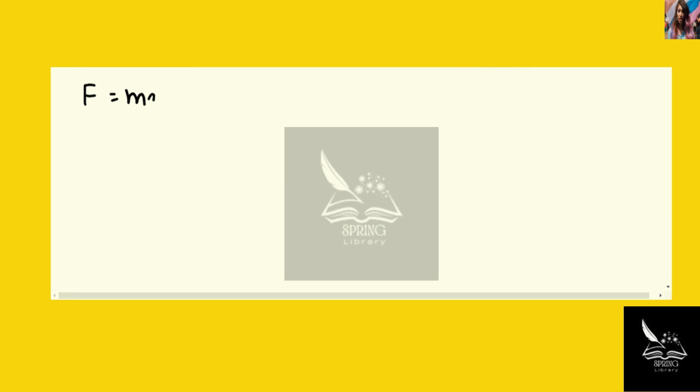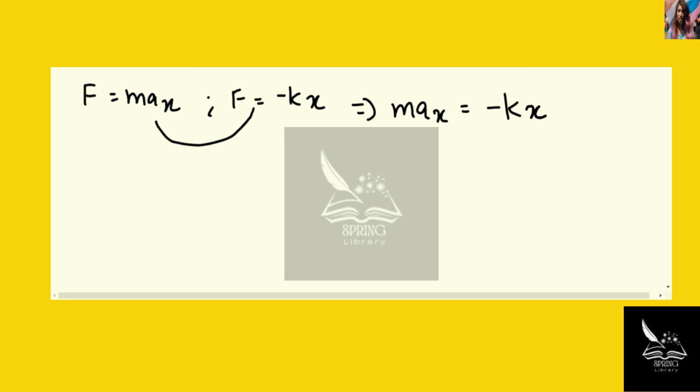We know that force can be written as mass into acceleration. Also, force can be written as minus kx. So, equating both these equations, we get ma = -kx.